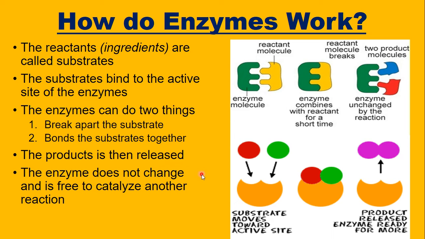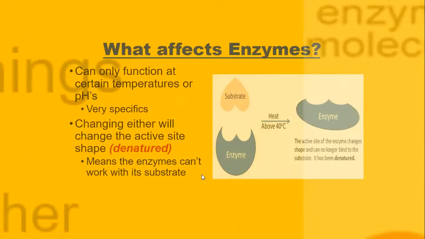Now, the enzyme is not changed during the process. That's why it's called a catalyst. So once it's done with this process, it can go find more substrates and continue the process along. That's the reason why it's called a catalyst. It's not changed, but it can keep working.